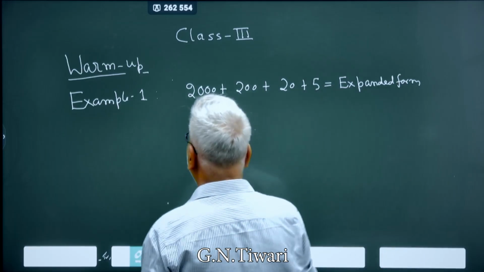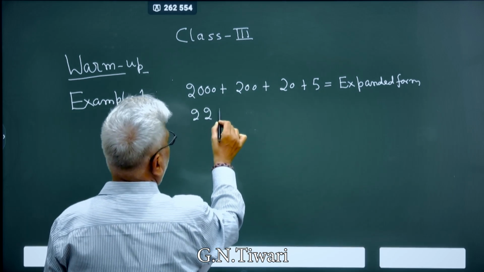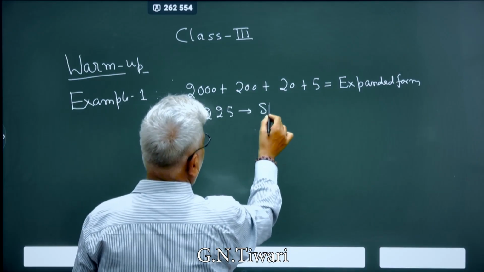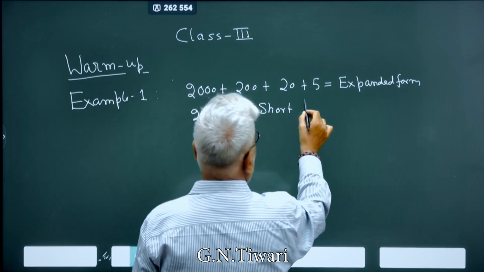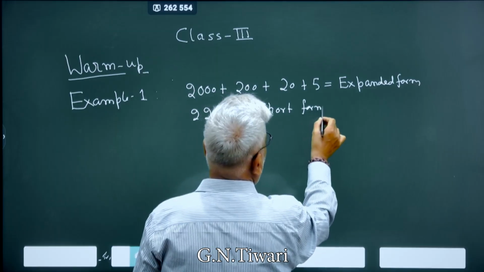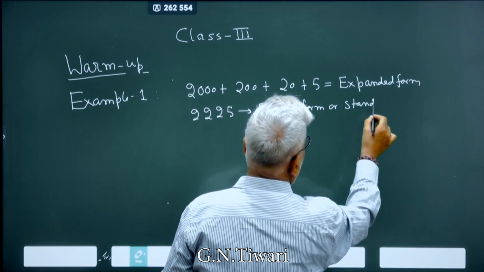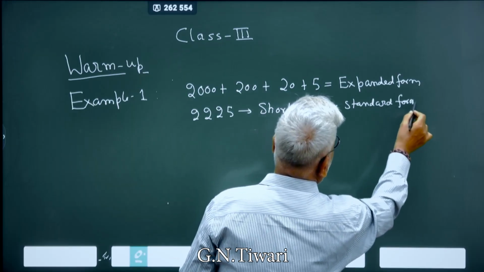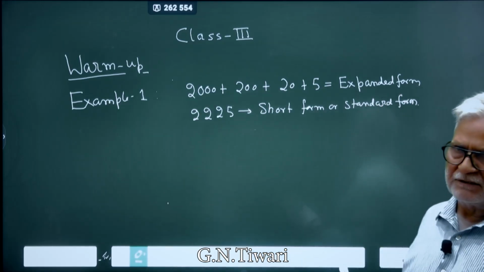What is the short form? 2225. It is in a short form, or standard form. These are the terms which are going to be used in a different way in different questions.